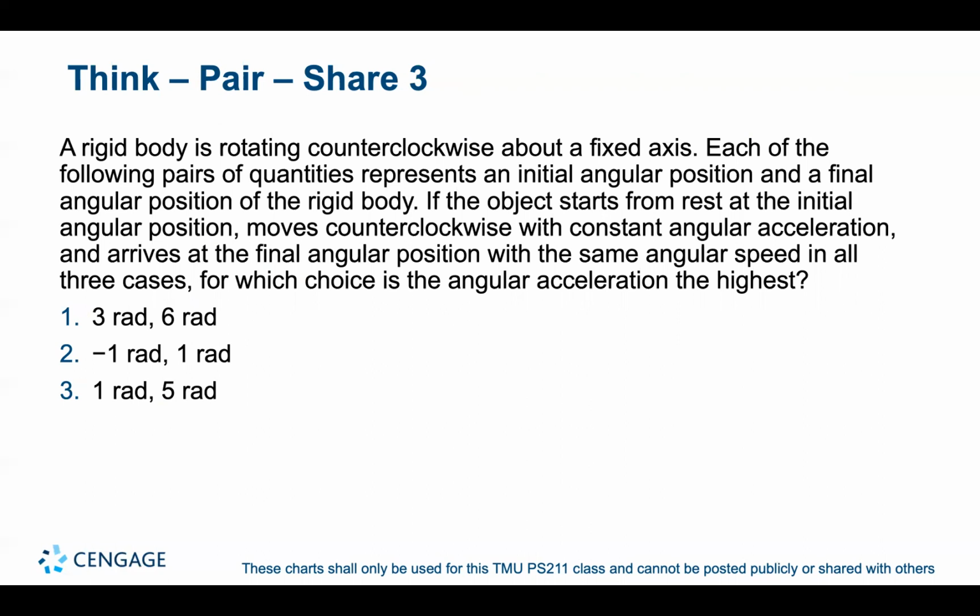And so the answer is the second case, -1 radian, 1 radian. And the reason is, from alpha equals omega squared over 2 delta theta, it is seen that the case with the smallest angular displacement involves the highest angular acceleration.